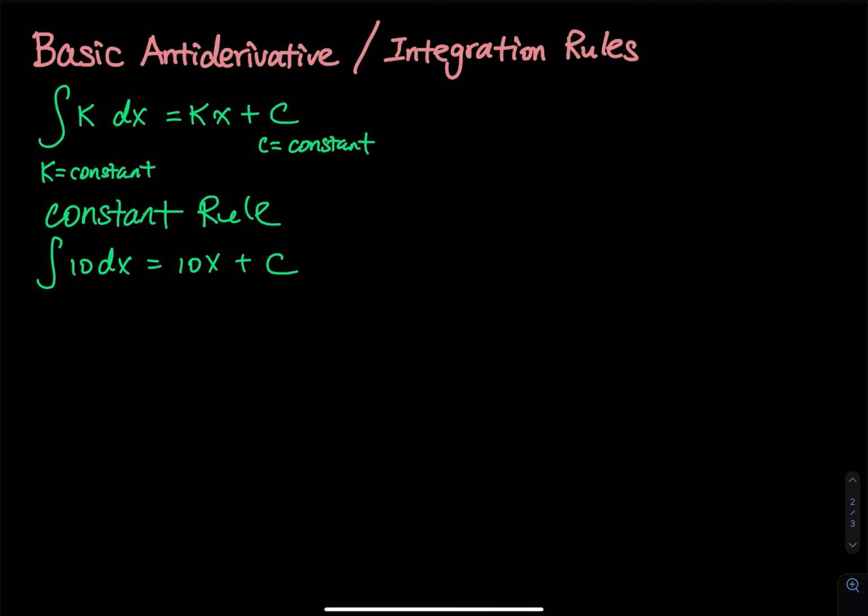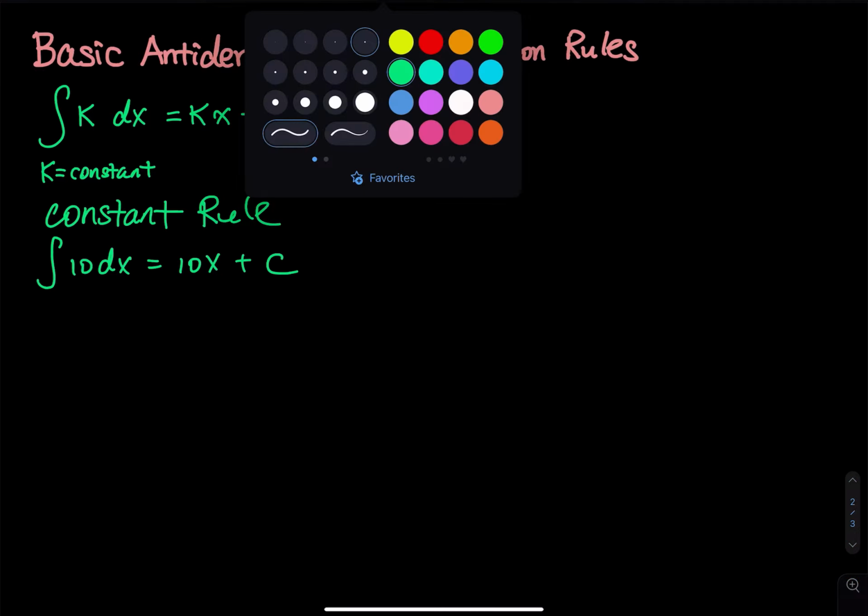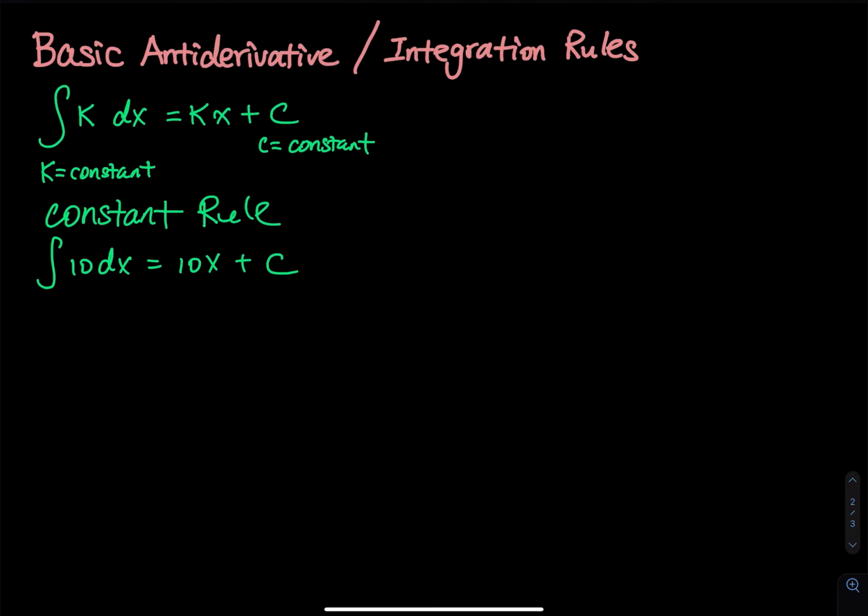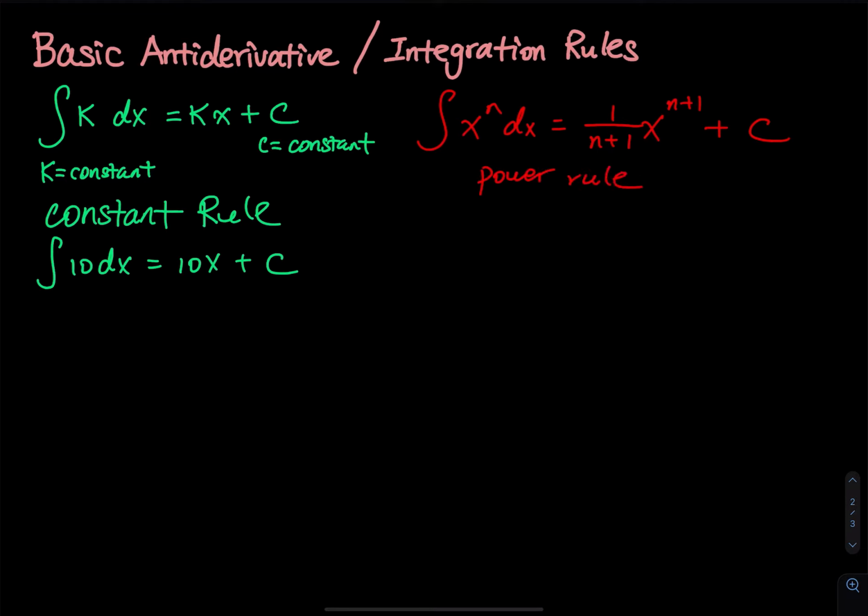The next rule is called the power rule. So let's switch to a different color. Let's say we have the integral of x raised to the nth power dx. The way we do this is we have x^(n+1) in the numerator and put n+1 in the denominator, and then we add c to it. This is called the power rule. One example is the integral of x raised to the 10th power dx.